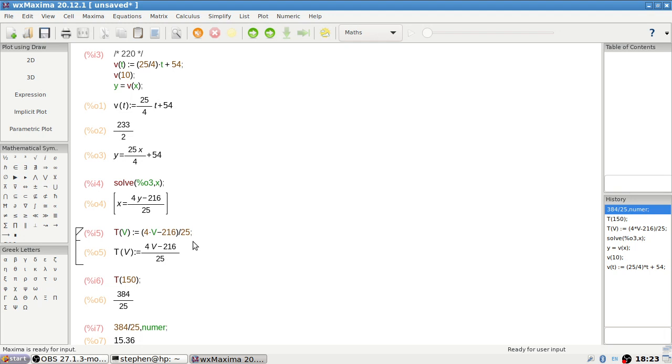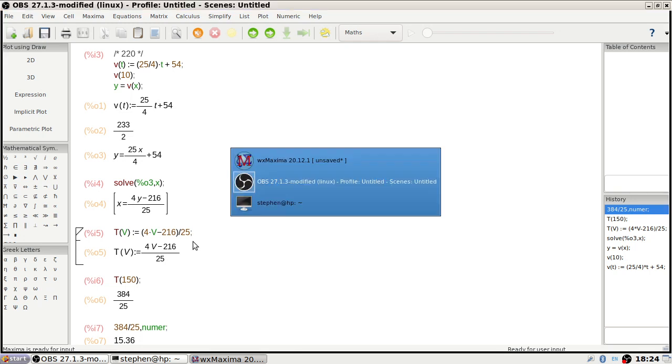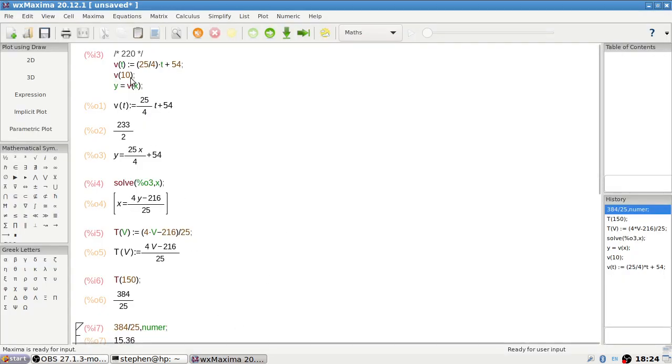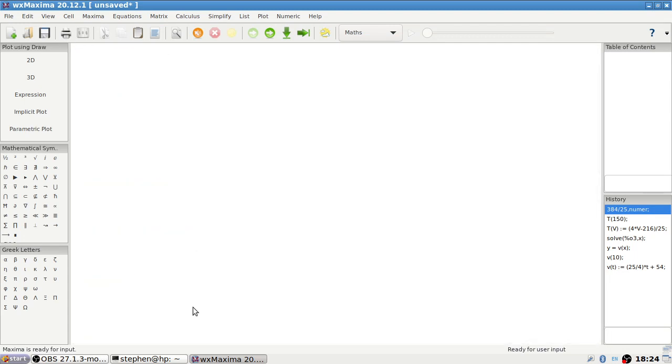I thought I might get all these done today, but I don't think I will. Okay, that's 220. Now on to 221. Okay, an airplane's Mach number m is the ratio of its speed to the speed of sound.